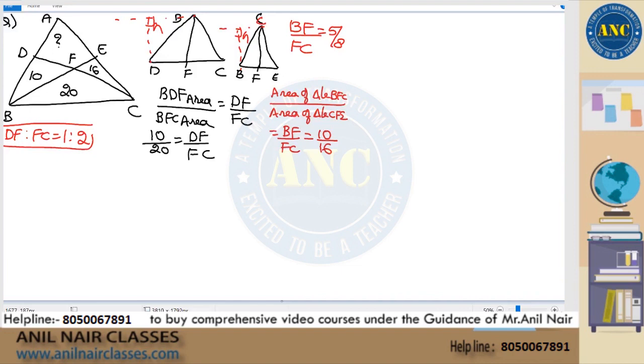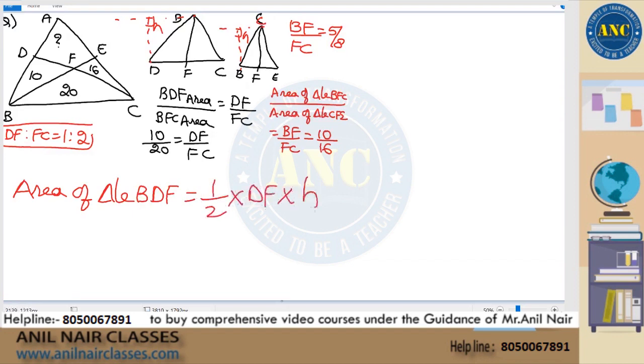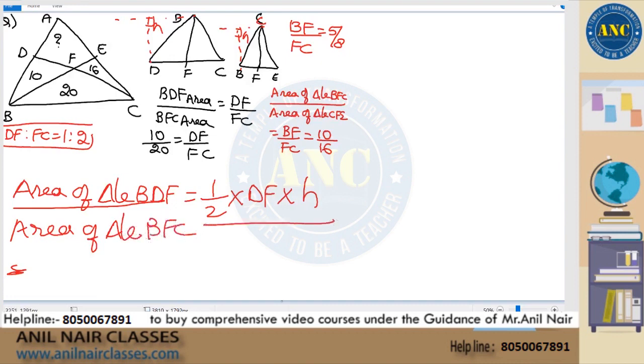Just now I proved it, Kranti, because the area of triangle BDF is half into base into height, half into DF into height, divided by the area of triangle BFC, which is half into base into height, FC into H, so DF by FC.